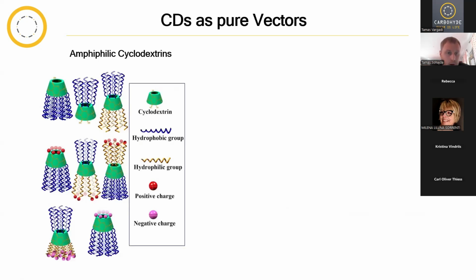So what we're working on is amphiphilic cyclodextrins, and of course, chemically, again, cyclodextrins are really versatile. It's really up to the chemist's talent and consideration where to put the lipophilic chains, what different types of spacers to use, what kind of charged groups to put on the other end, and so on.